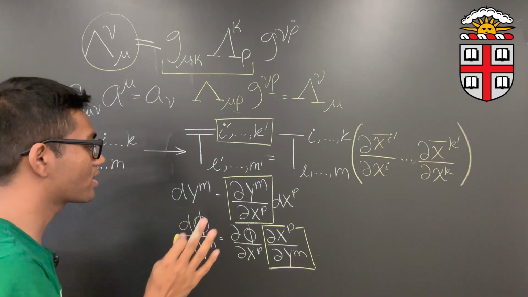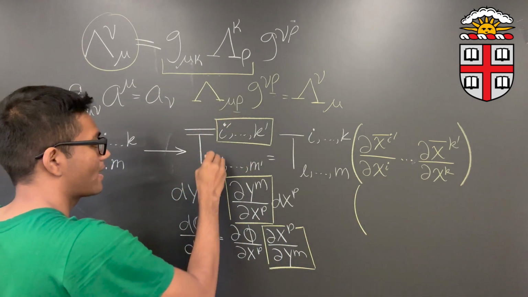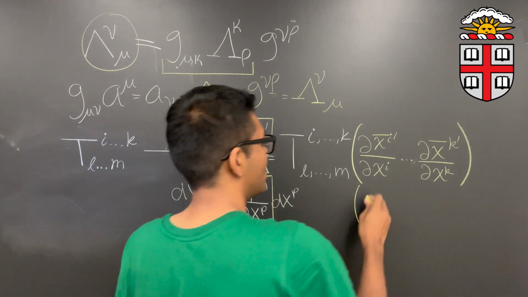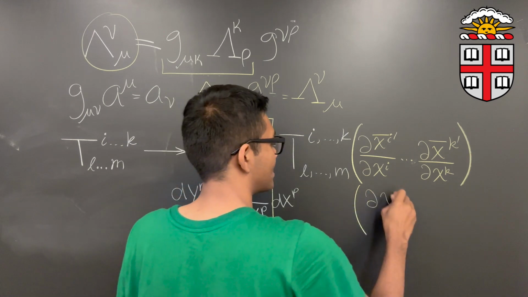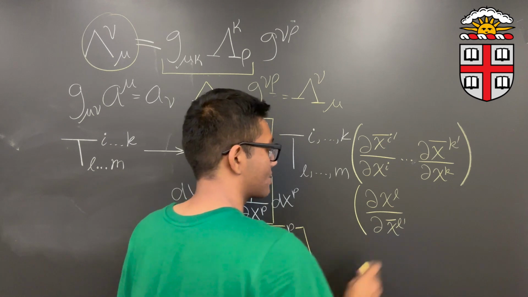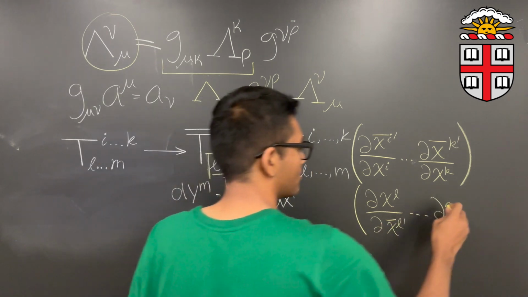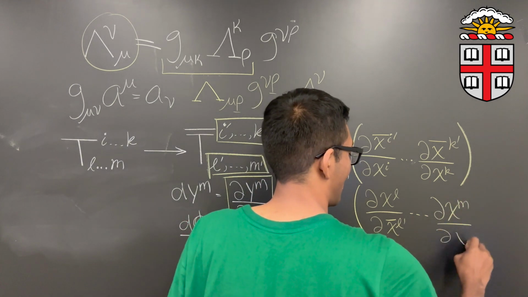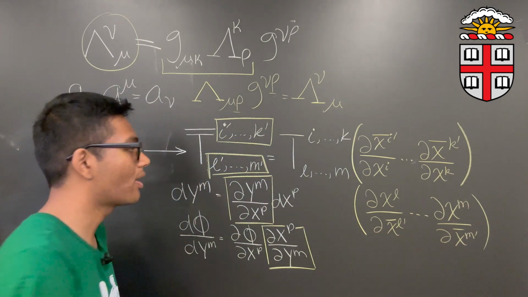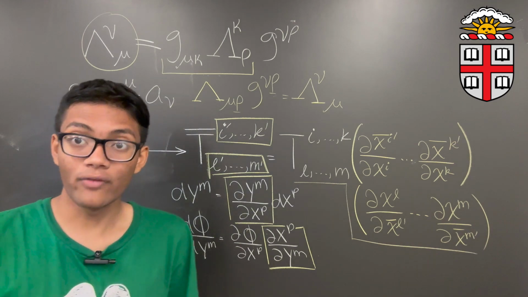What about the covariant components? They're going to be in the opposite format, flipped as follows: partial x^l over partial x bar l prime, all the way to partial x^m divided by partial x bar m prime. And that is how our tensor T transforms using contravariant and covariant components.